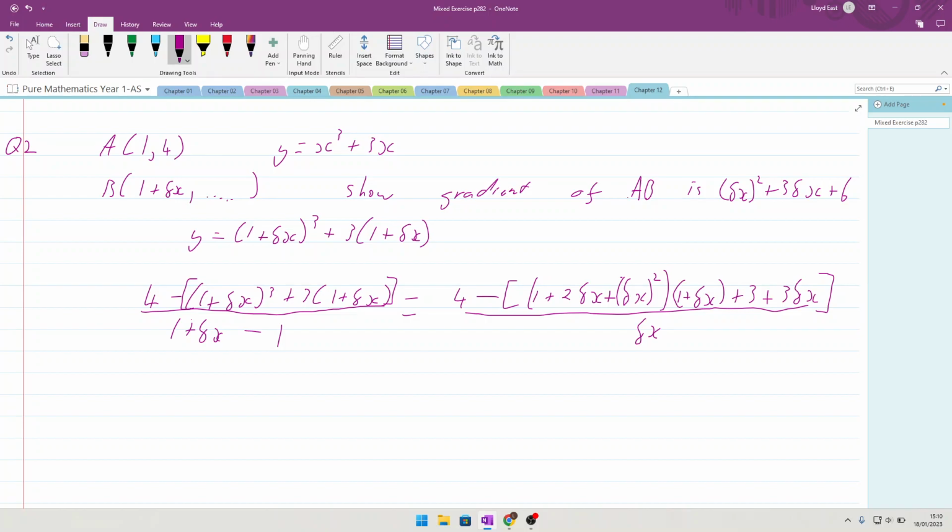Okay, so as we continue to multiply that out, we need to do the multiplying in here of 1 times that.